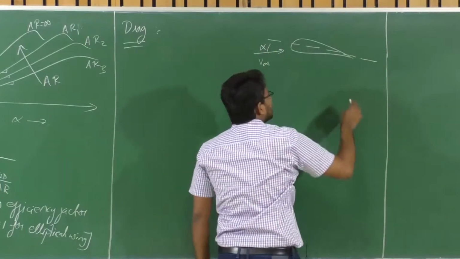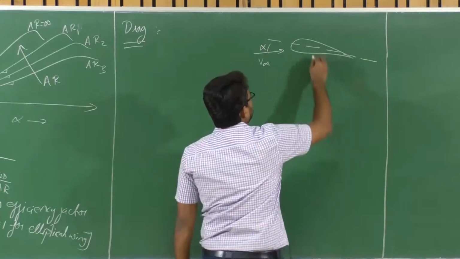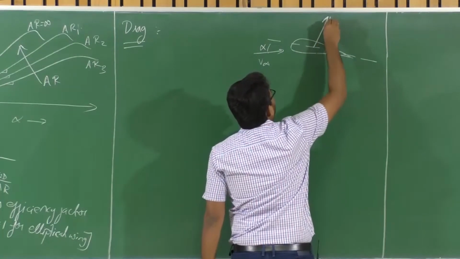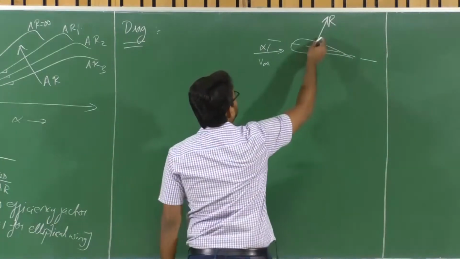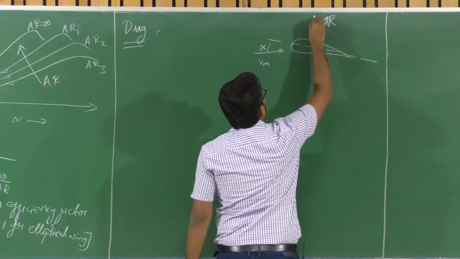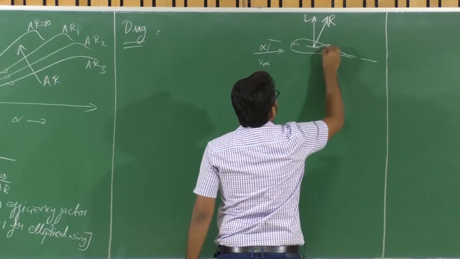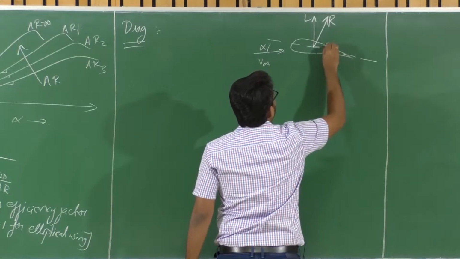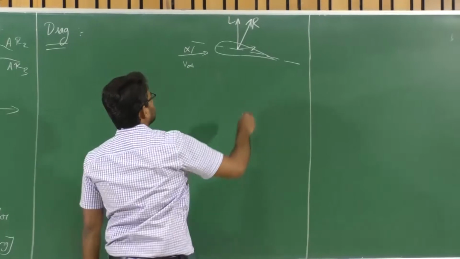There will be pressure distribution as well as shear stress distribution. The resultant of that over this surface will be an aerodynamic force called the resultant aerodynamic force, and the component of this resultant aerodynamic force acting perpendicular to the free stream is considered as lift, and the component of this resultant aerodynamic force which is acting along the free stream is considered as drag, right?